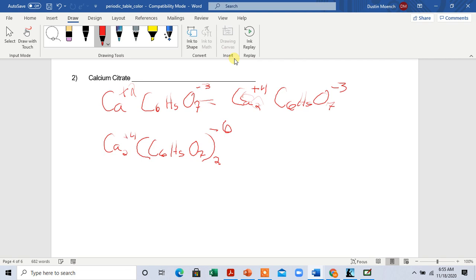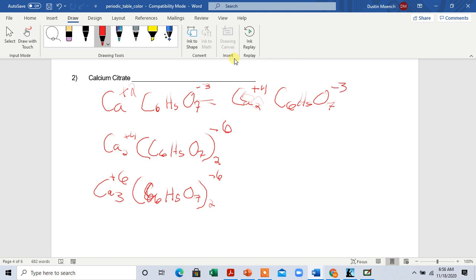All right, now still not balanced. We need to go back and add another calcium, Ca3. And if each Ca is +2, +2, +4, +6. Now they're balanced. Look, +6, -6.